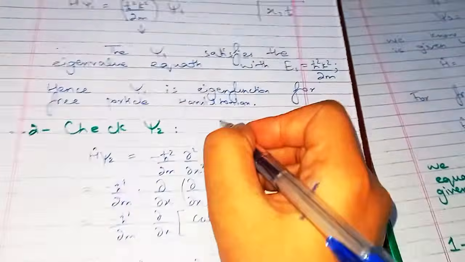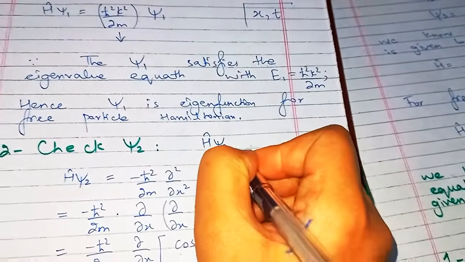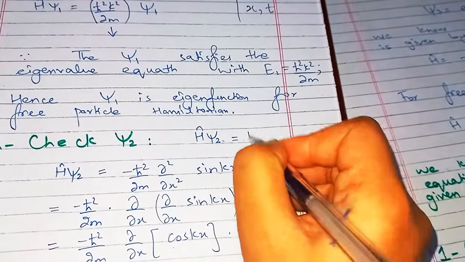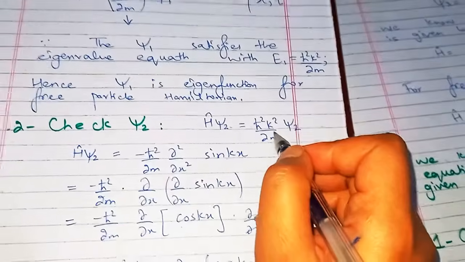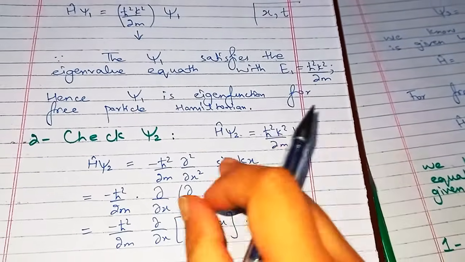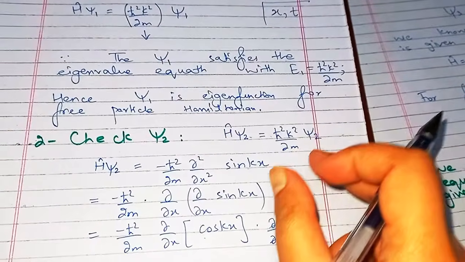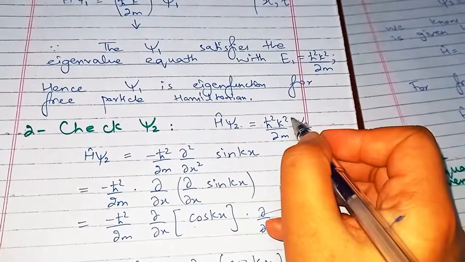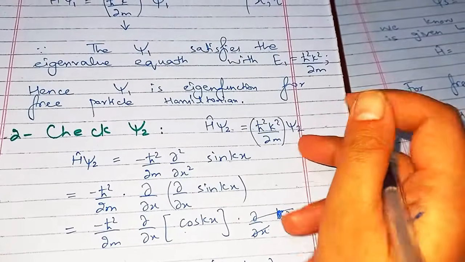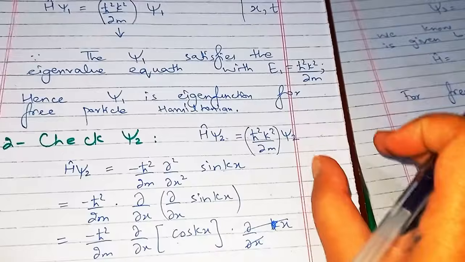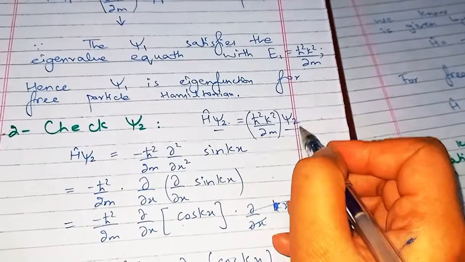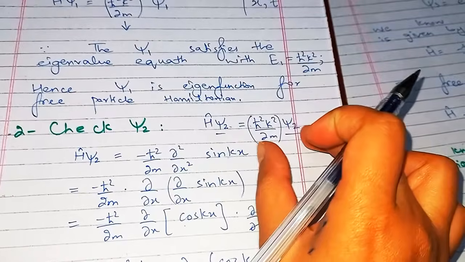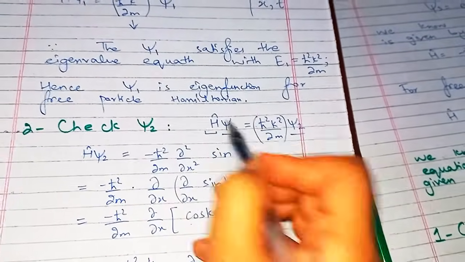On applying the Hamiltonian operator on psi 2, we got h square k square by 2m times the wave function back. And that was what I told you, that when a constant times the wave function comes back, the same wave function, not a different one, then we say that this wave function is the eigenfunction of the operator that we applied.